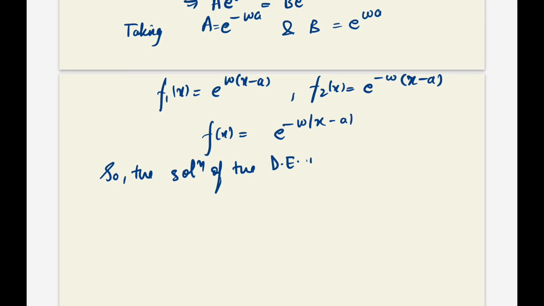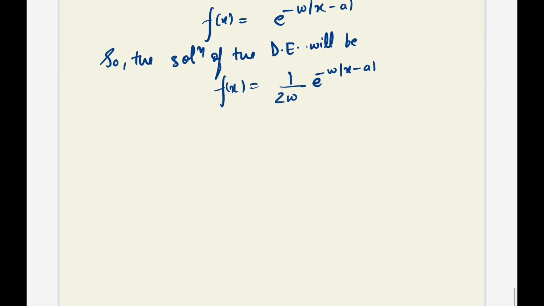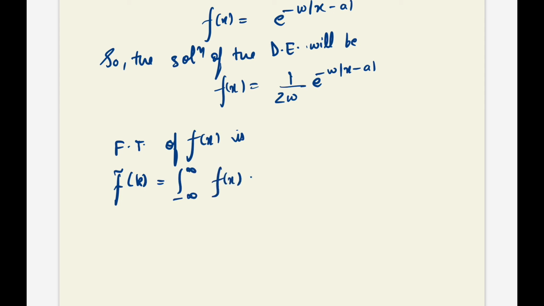So the solution of the differential equation will be f(x) equals 1 over 2 omega e to the power minus omega modulus of x minus a. Now the Fourier transform of f(x), that is f tilde k, becomes the integral from minus infinity to infinity of f(x) e to the power ikx dx.